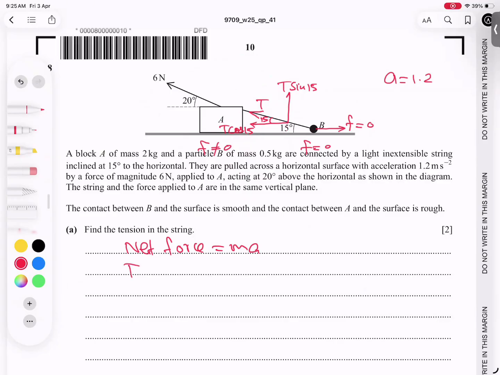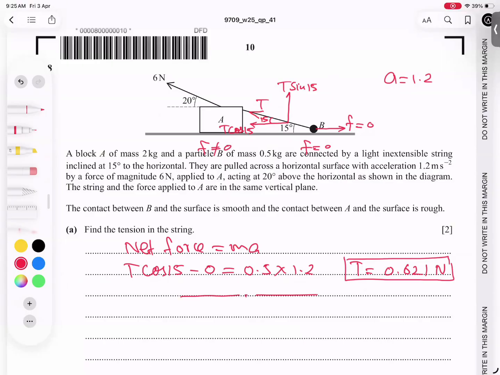I'm writing here T cos 15 minus friction, which is zero, equals mass of B, 0.5, times acceleration 1.2. So T equals 0.5 times 1.2 divided by cos 15 degrees. And the answer I get is 0.62111. I think 0.621 newton is enough, and we got this answer. So the first part is done.